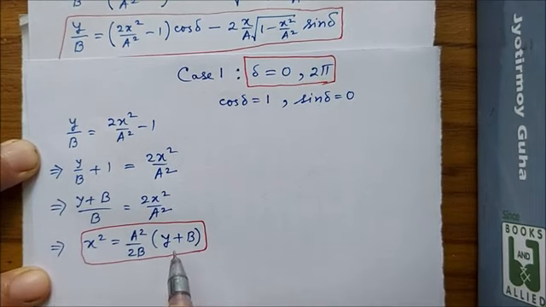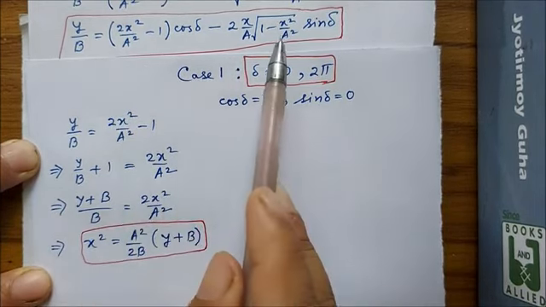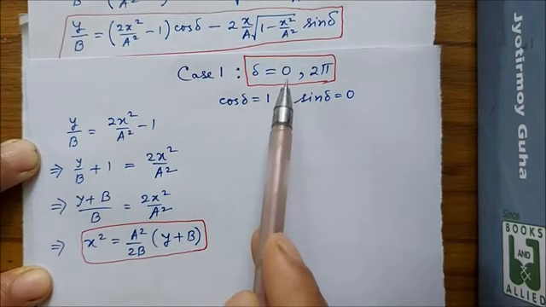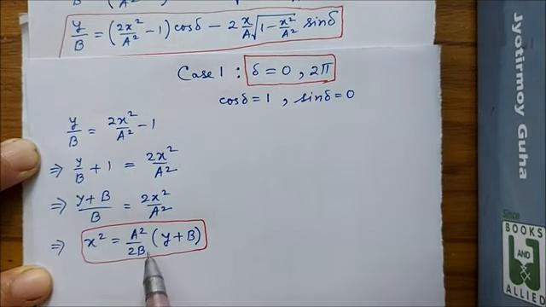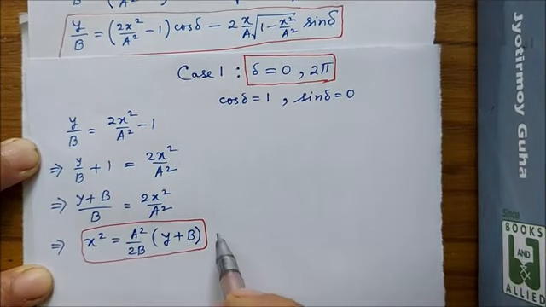So we end up with this equation starting from this one for the case delta equal to 0 or twice pi, and this is the equation of a parabola.